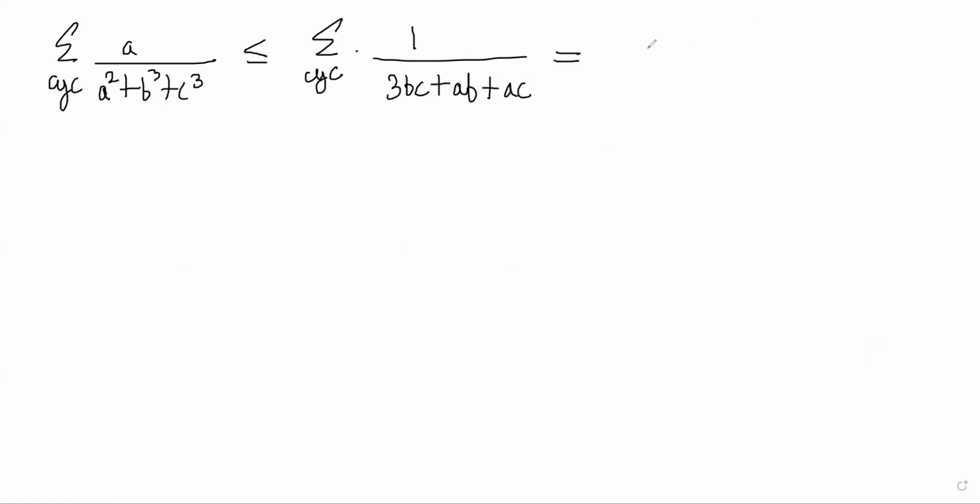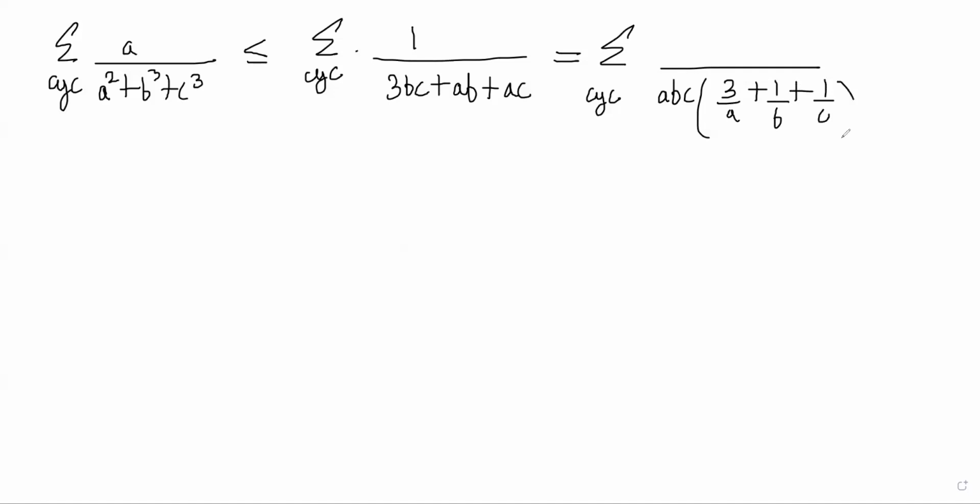Now, this can be written as equal to the cyclic sum of, if you take ABC common here, you get 3 by A plus 1 by B plus 1 by C, and on top you have a 1, right? Now, remember that in the problem we had to show it is less than or equal to 1 by 5ABC. Something like this we needed.